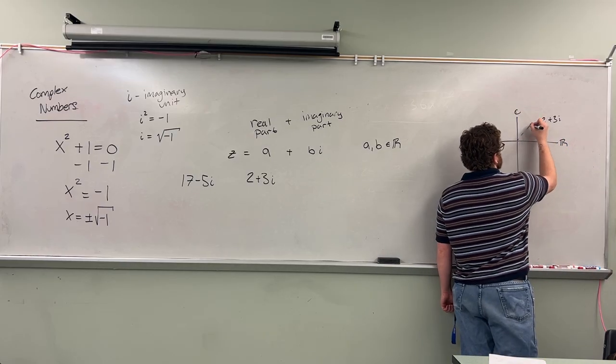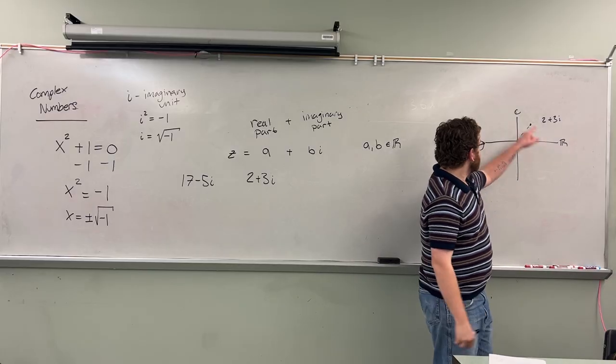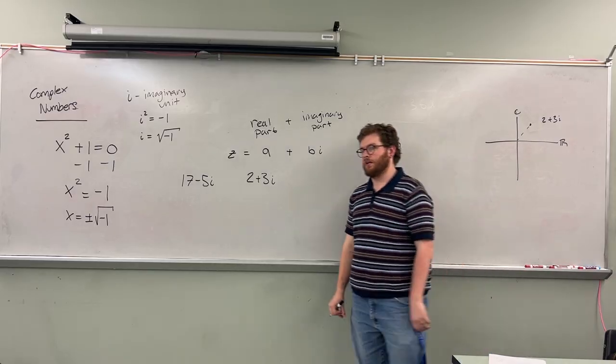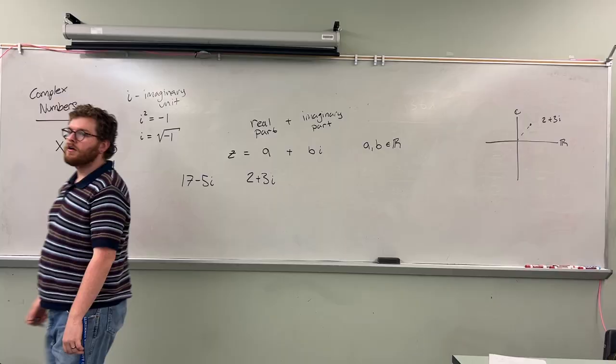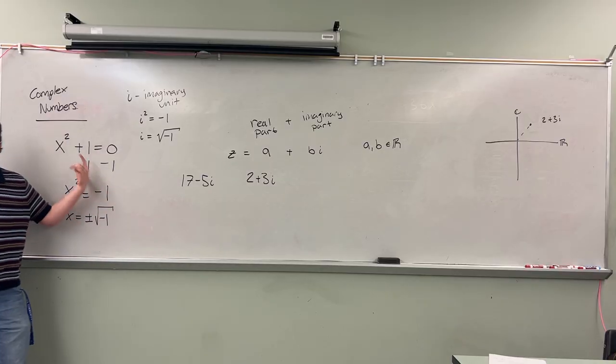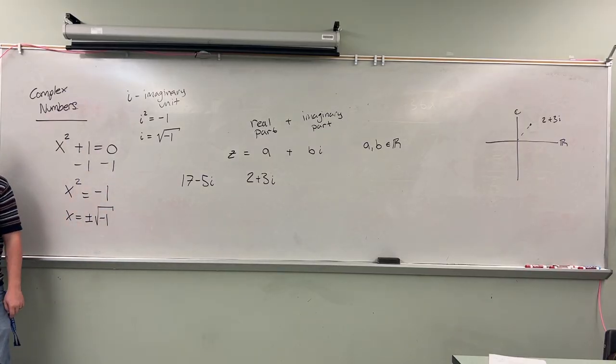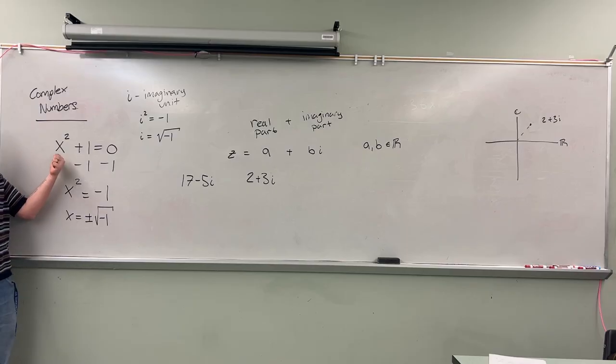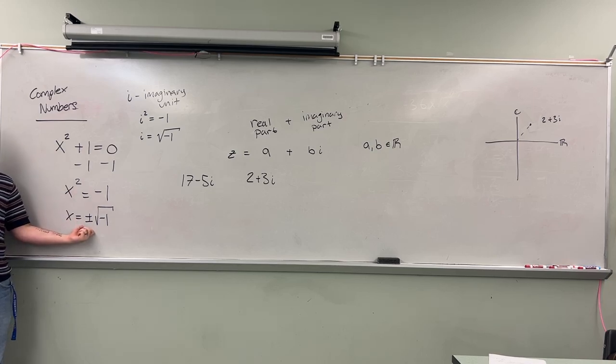And so each individual number is a point on a two-dimensional plane, which is really weird to think about, but this helps us to solve certain problems. For example, now I have a solution to this quadratic equation, which I didn't have a solution to beforehand. It actually has two solutions. Figured it would.